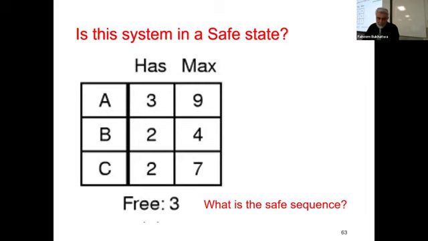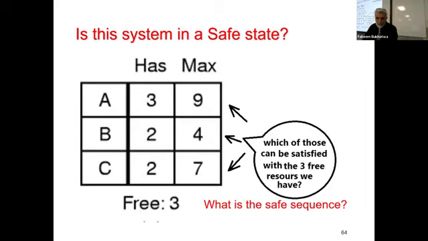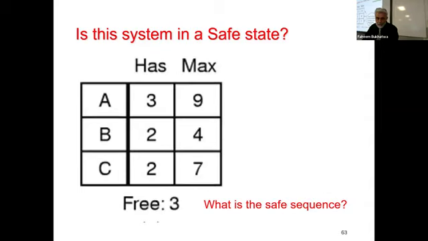Okay, so this is another example if you want to work it out. Usually you'd be given a table, something like this. There are 3 users or processes, A, B, and C. This one needs a maximum of 9, this is 4, this is 7 devices. But this has already got 3, 2, and 2. Is this system safe?